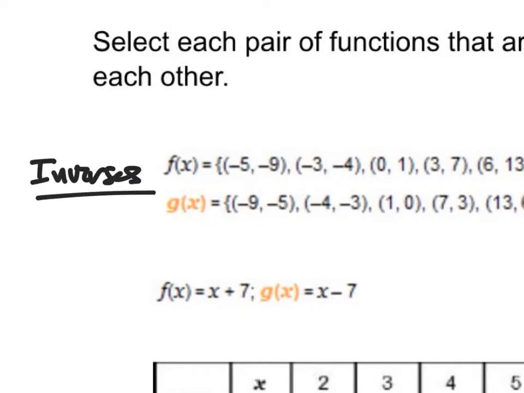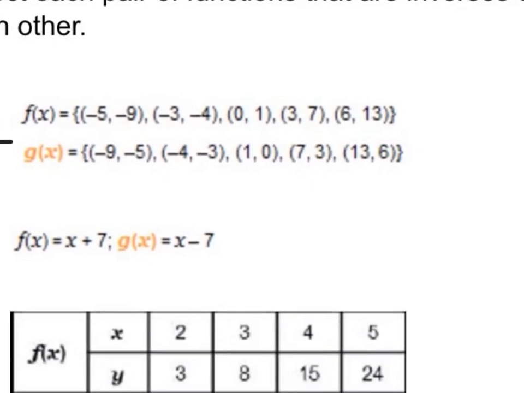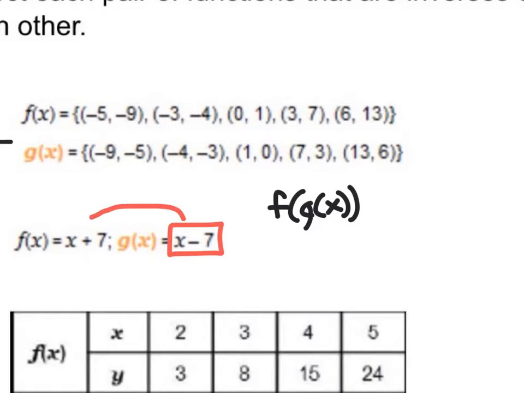Then here, you have f of x is equal to x plus 7 and g of x is equal to x minus 7. The way to figure out, given two functions, is to do f of g of x, where you would need to do the composite function. So I'm going to take x minus 7 and plug that into the x of my other equation.